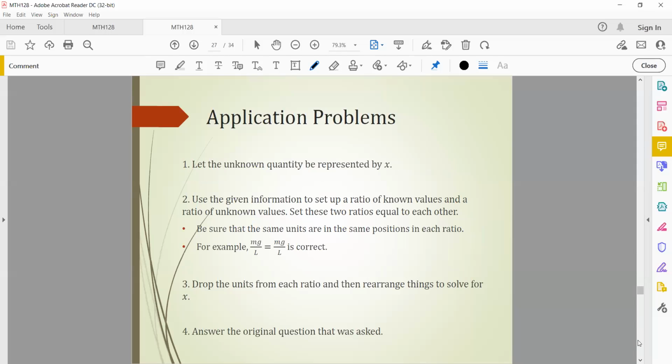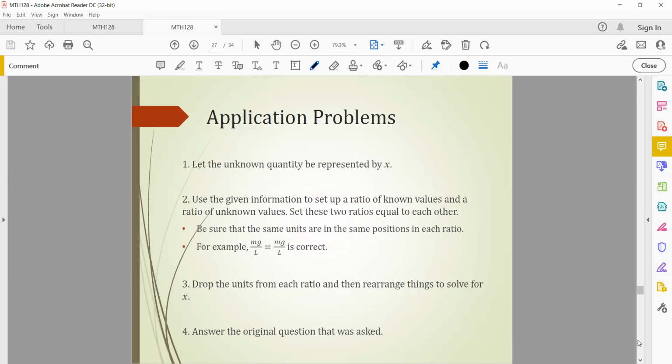Set these two ratios equal to one another, and that creates a proportion. Be sure that the same units are in the same position in each ratio. So if milligrams is on top for one, it has to be on top for the other one. Then drop the units and rearrange things to solve for X, and then answer the original question that was asked. Because this is an application problem, you should state it in terms of the original question.